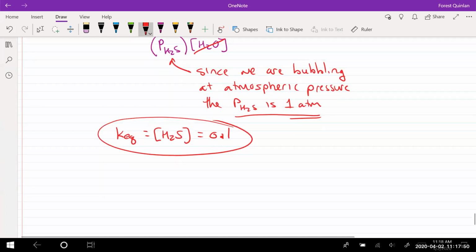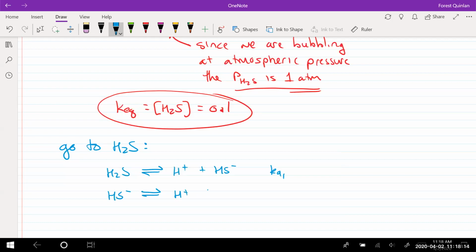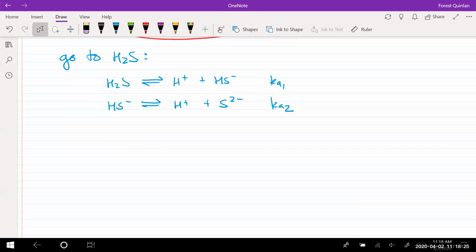So let's go back to that H2S. We had H2S goes back and forth to make H plus and HS minus with a Ka1. And we had HS minus goes back and forth to make H plus and S2 minus, and that has a Ka2. If we add those two up, what do we get?